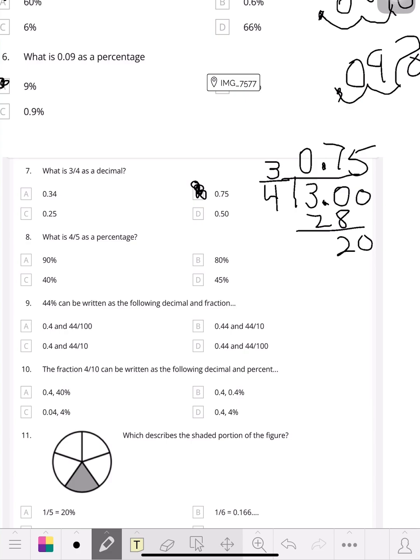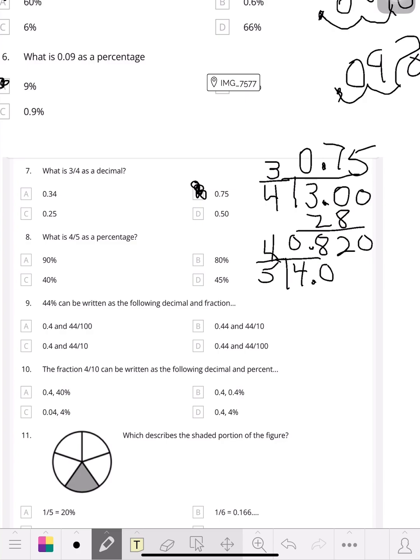Now, what is 4/5 as a percent? This is going to be a little trickier. Watch, but this is easy. So we write the 4/5, carry the line out, carry the 4 down, put a dot up here. 5 goes into 4 0 times, put a 0 here. 5 goes into 40, 8.